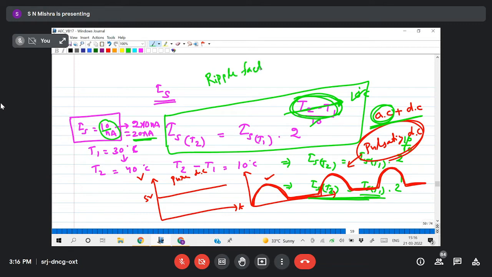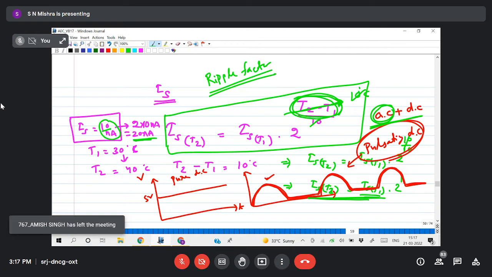How much AC component is present in my pulsating DC gives the idea of the ripple factor. Ripple factor means how much AC component is there in my output DC. If the ripple factor is more, then it is not good, that means the AC component is more. My requirement is DC. The less AC I find, the better for my requirement.